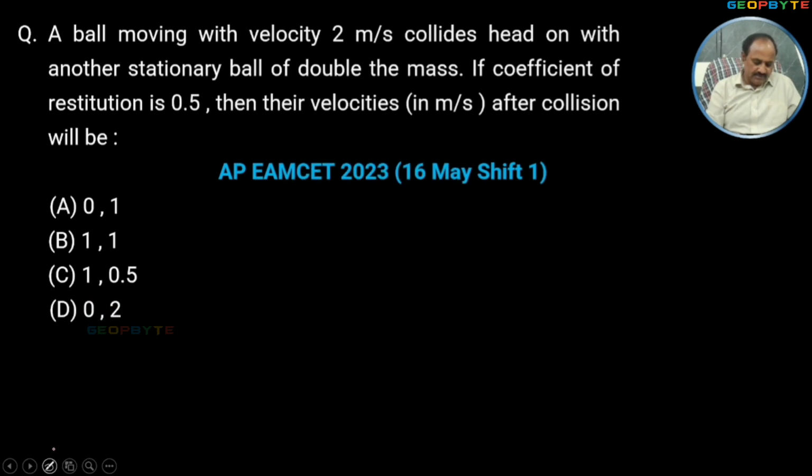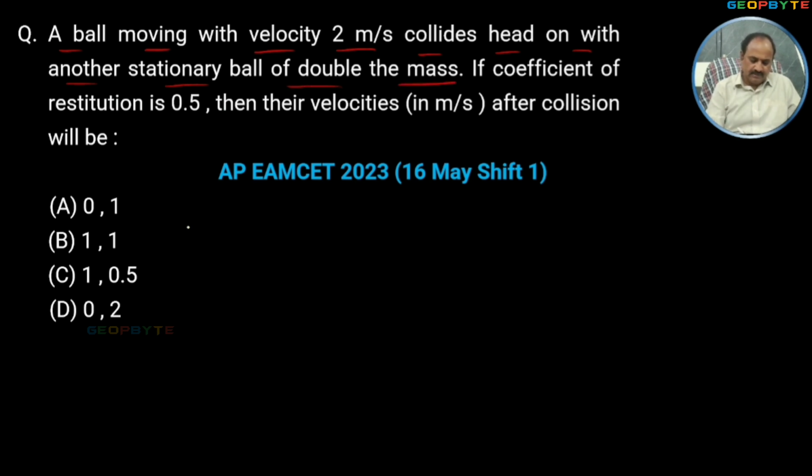Understood clearly? Yes. Similarly, let us take another important problem. Look at the screen. It is asking like this. A ball moving with velocity 2 meter per second collides head on with another stationary ball of double the mass.